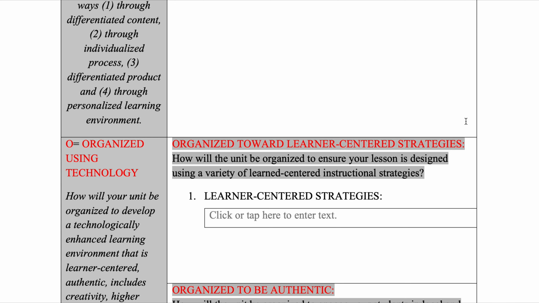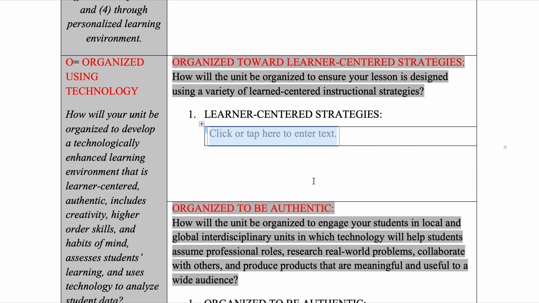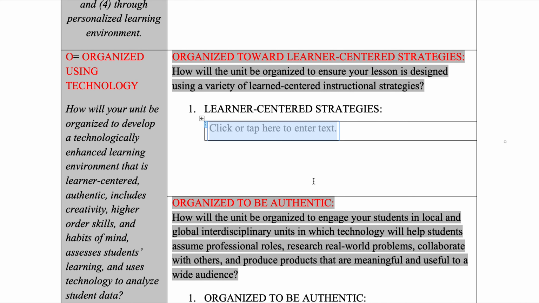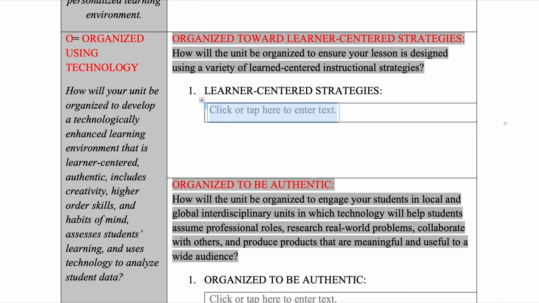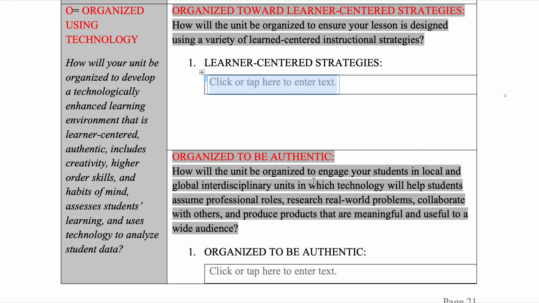How is that going to work, and how do you plan on making sure that you are thinking about the student first? You will indicate that in this section, and make sure that it's very unique, very creative, and most of all, very helpful for the learner.